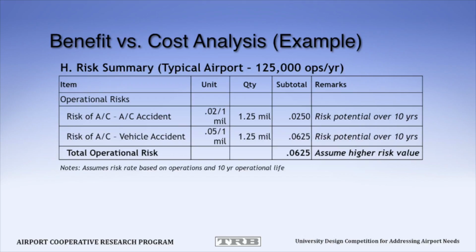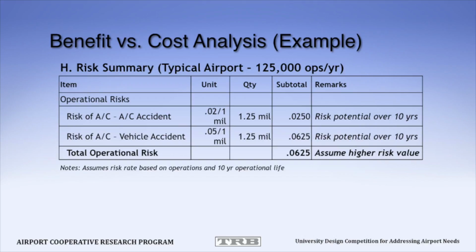So when you apply that rate per million, your risk potential over 10 years works out to about 0.25 over a 10-year period. So what that's saying is that over a 10-year period, your chances of having an accident is less than 1 over that 10-year period.